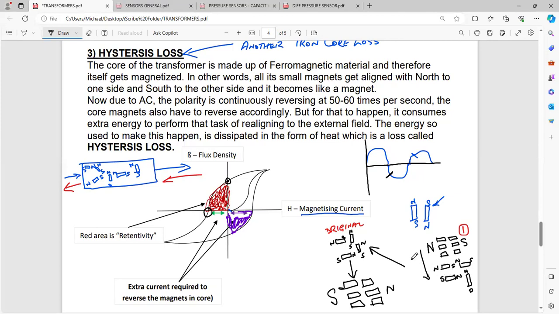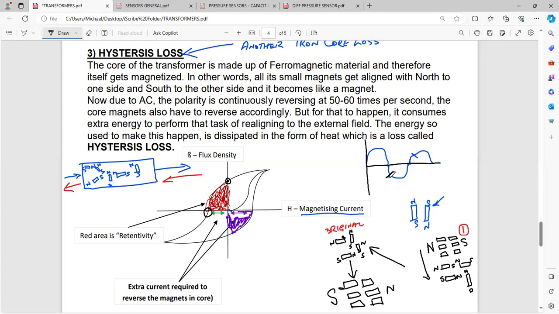From here to here, back to the original position, and now you've gone into where the polarity has been changed. Here it was north-south, now it has become south-north. And that is the place where you're going to reach the maximum magnetizing current. All the magnets are now changed in the opposite direction. Therefore, you're going to get saturation once again.